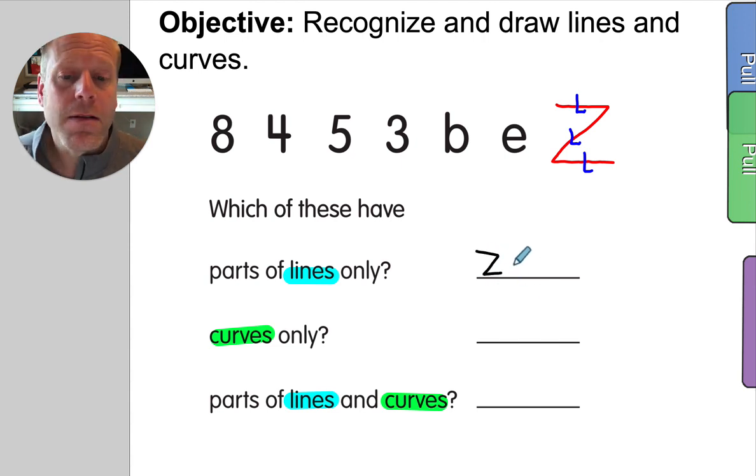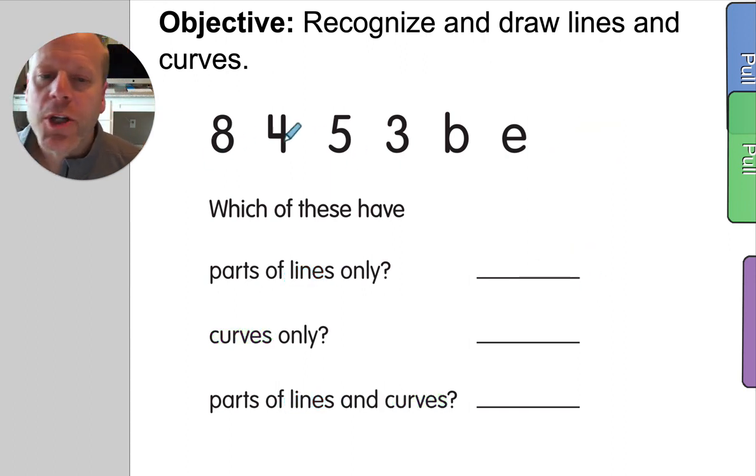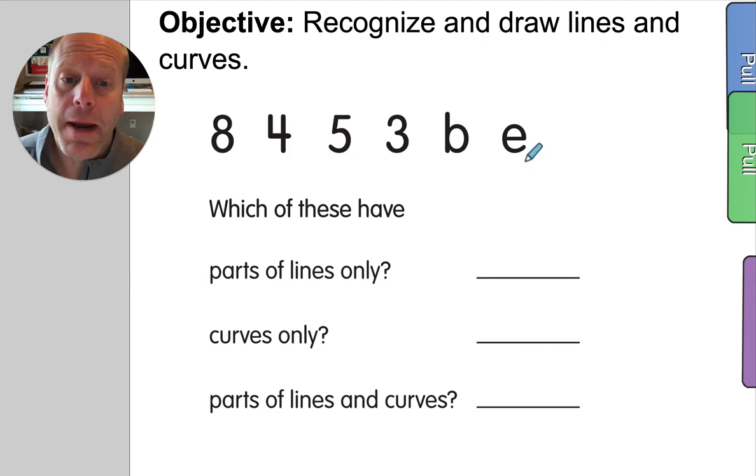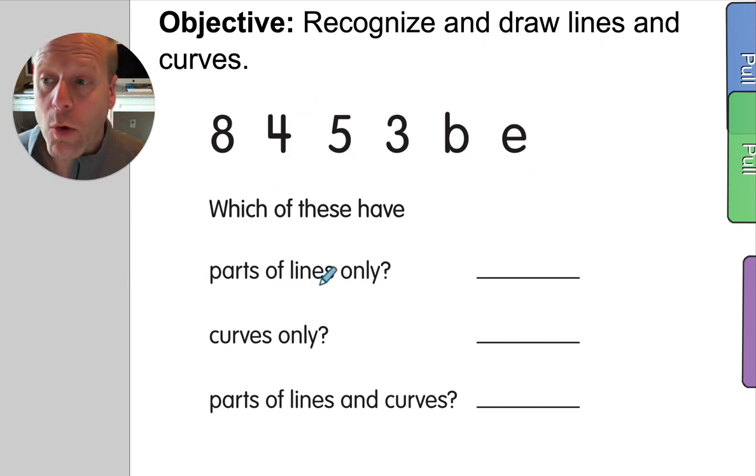Same with L's, or capital E's, or N's, right? So they want you to look at these numbers and these letters and decide, are they lines only? Are they curves only? Or are they lines and curves combined?